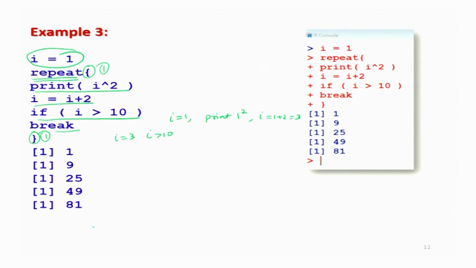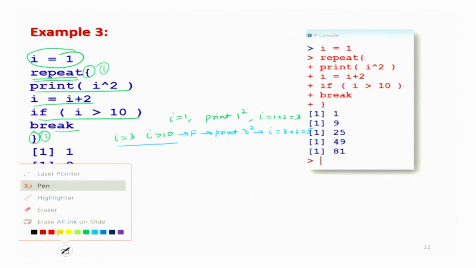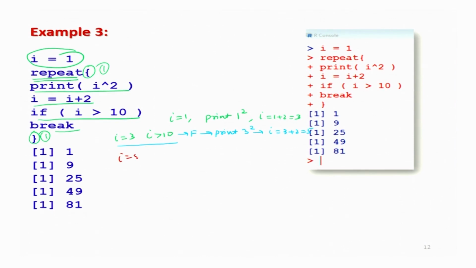Now, the answer of this condition, whether i is greater than 10, is here false. So, it will once again execute the command print 3 square, and then i will become 3 plus 2 equal to 5, and now the new value of i is going to be 5. Now, it will try to check whether 5 is greater than 10 or not, answer is false.